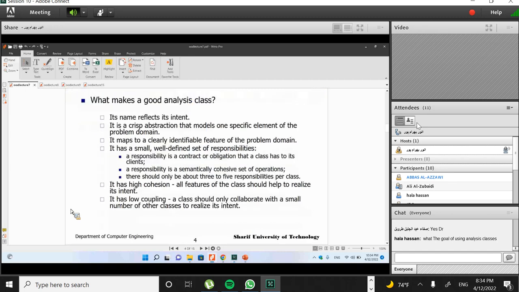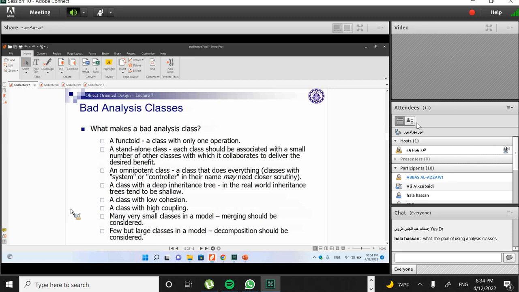The bad classes are the opposite of the good classes, so it's trivial. A class with only one operation is a bad class, because one operation could not contribute 3 to 5 responsibilities.